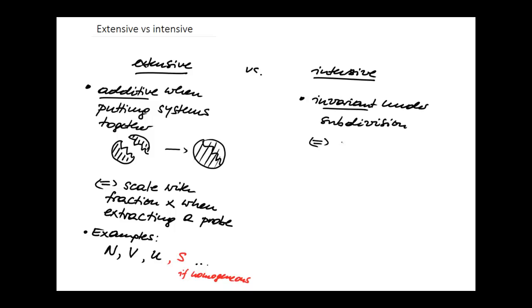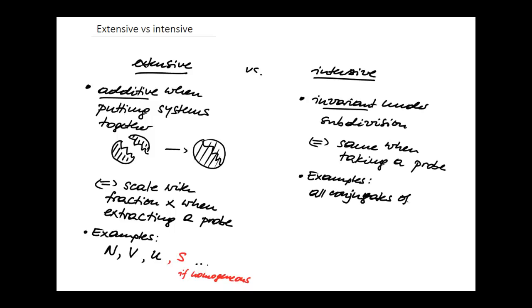So it's the same when I take a probe. What are examples here? The temperature, the pressure, the chemical potential. In fact, all conjugates of the natural variables of the entropy. Yeah? So in fact, all conjugates of the natural variables, which in this case are U, N, and V, with respect to the entropy.